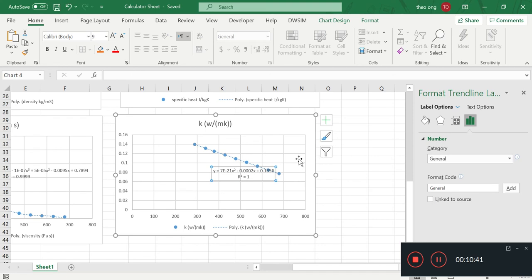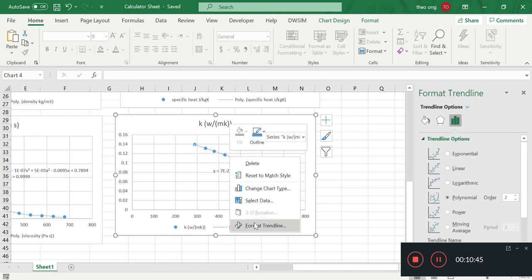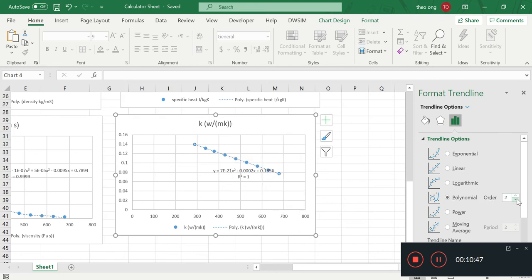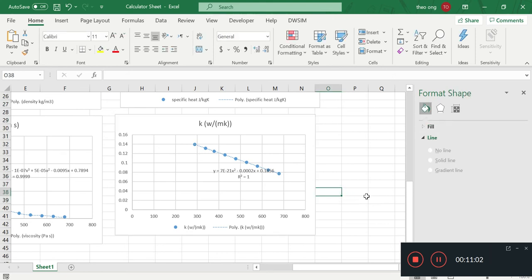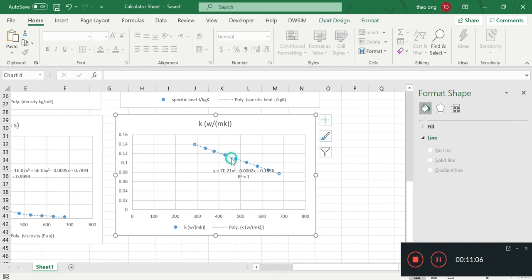So let's see. You can even use a first order, which is a linear thing, and that would work also as well. See, a linear fit would actually work as well, but just so that we can do the second order polynomial, we can leave it as such.